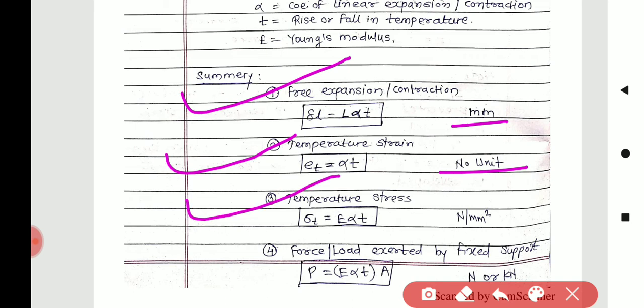Then temperature stress is denoted by sigma T, equal to E alpha T, where E is the modulus of elasticity, alpha is the coefficient of linear expansion or contraction, and T is the rise or fall in temperature, and the unit is Newton per mm square. And the last, force or load exerted by the fixed support is denoted by capital P and determined by the formula E alpha T into A, and the unit is Newton or kilonewton. In this way we can find the temperature stress and temperature strain in a particular body. Okay, thank you.